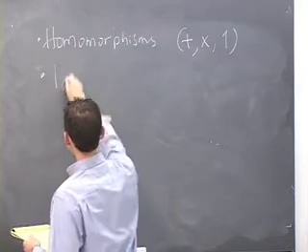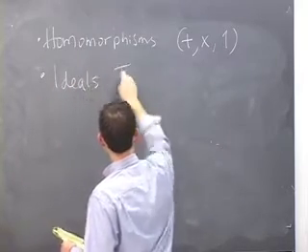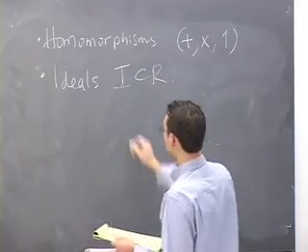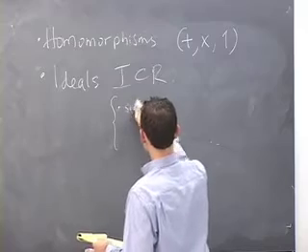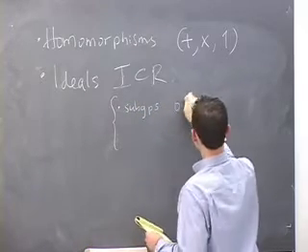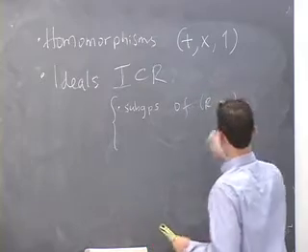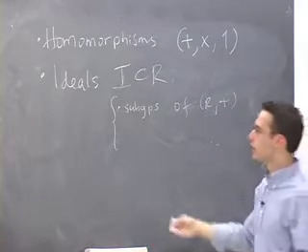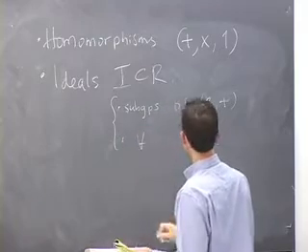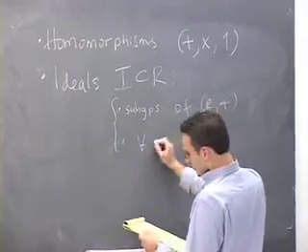And we saw ideals. So what are these things? Well, they're subgroups of the additive group, in other words, of the ring under the addition operation, and they're stable under multiplication by R.